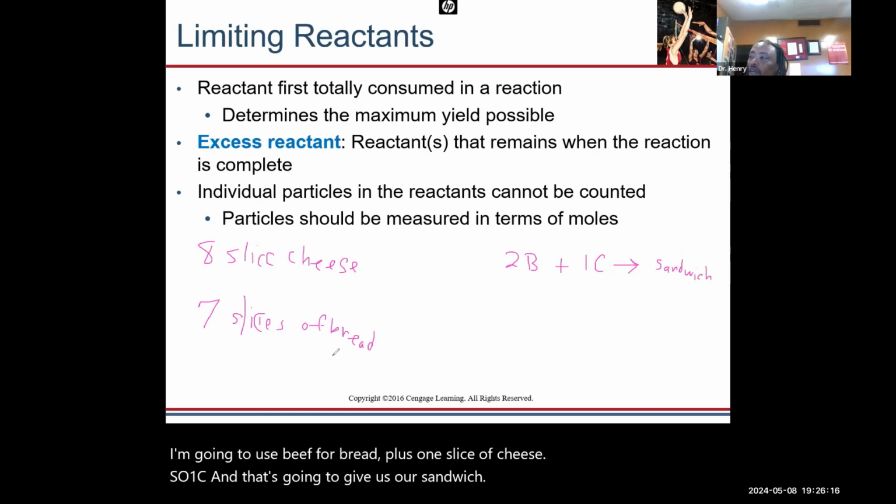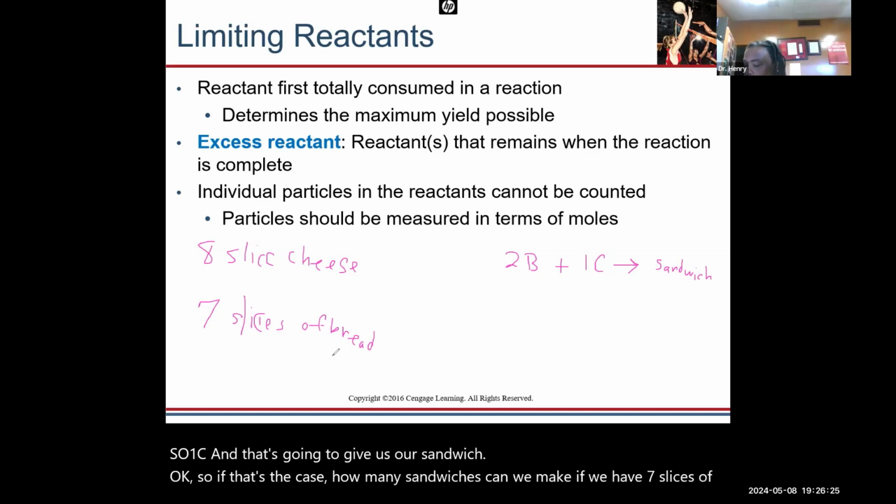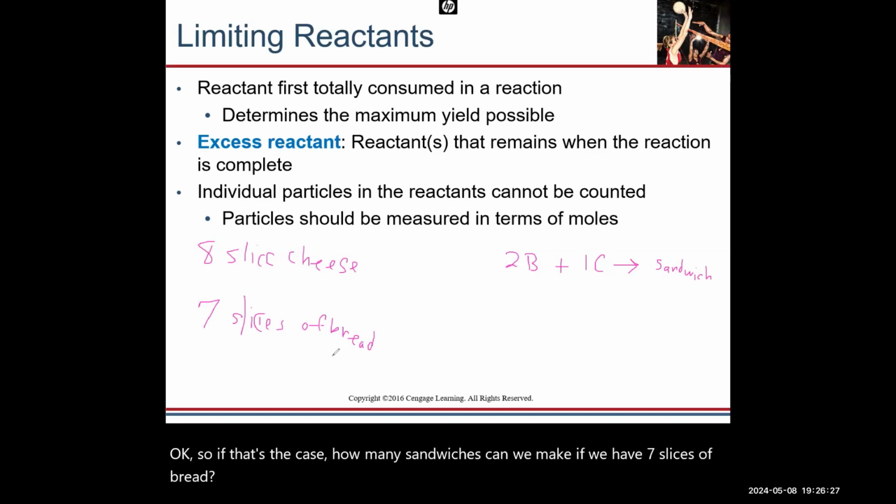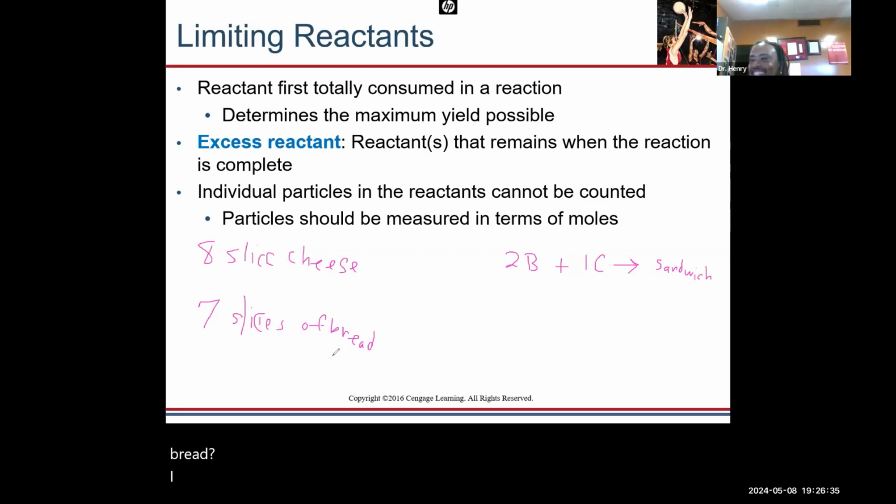Okay, so if that's the case, how many sandwiches can we make if we have 7 slices of bread? We could make three full sandwiches, but if we want to be cheap or have a little sibling, you can make a little half one and just fold the bread in half. I guess we could do that, huh? Yes. Because we know the bread is going to run out before our cheese will.